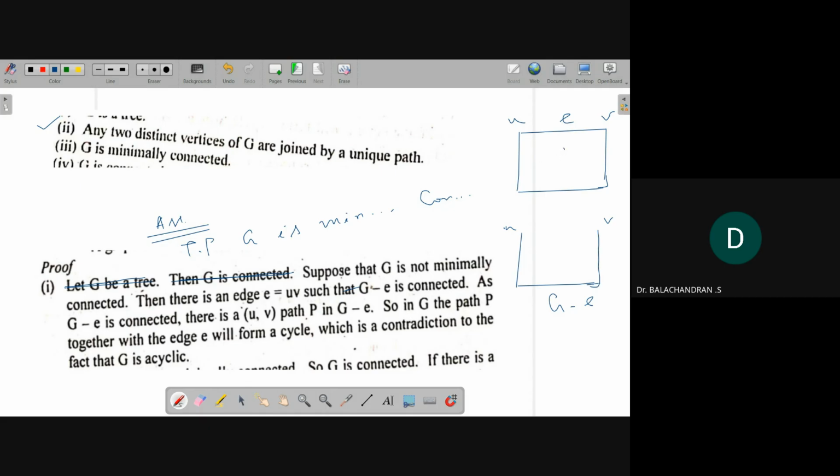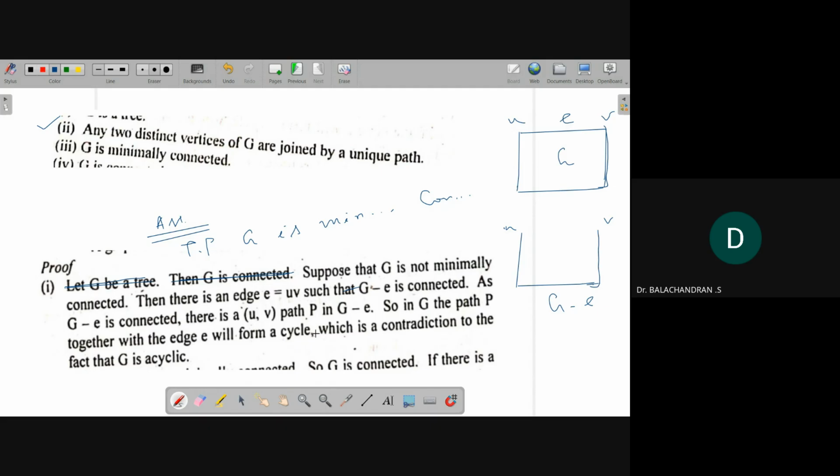So in G, the path P together with the edge e will form a cycle.